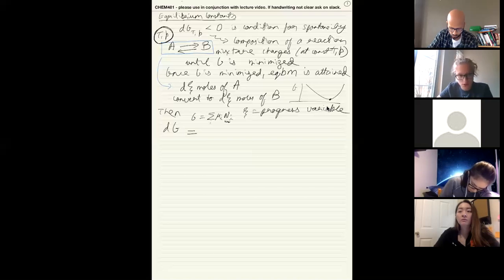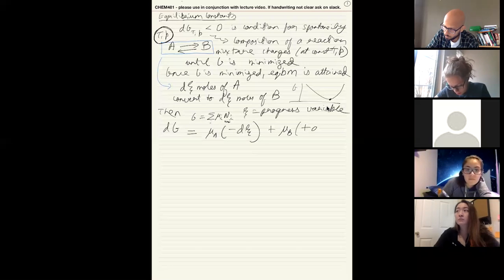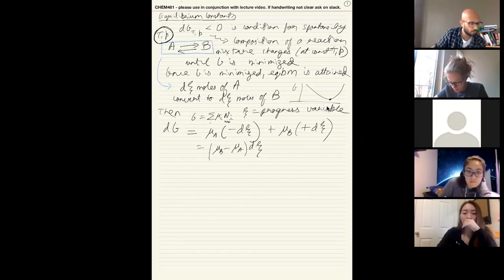So dG will be given by mu A multiplied by minus d xi, because A has converted to B, so the amount of A has gone down, plus mu B multiplied by plus d xi, equal to mu B minus mu A multiplied by d xi. This is our change in Gibbs free energy.